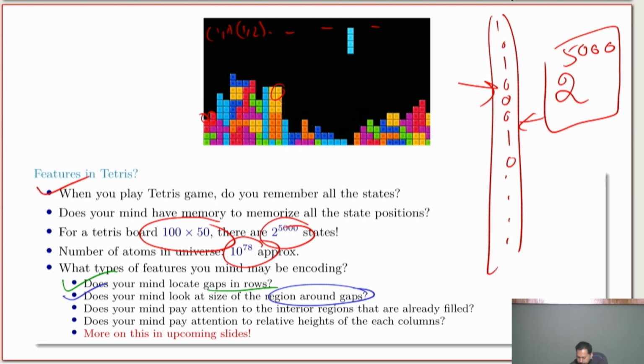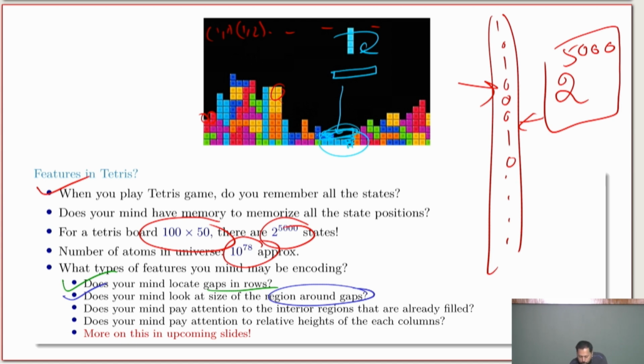For example, let us say this block was occupied, and let us say this block was not there. Then you will look at this area a lot more, because if you rotate this block, it will become like this, and if you put it here, assuming that these blocks are not there, it will fit right here.